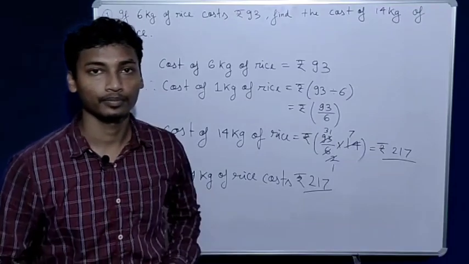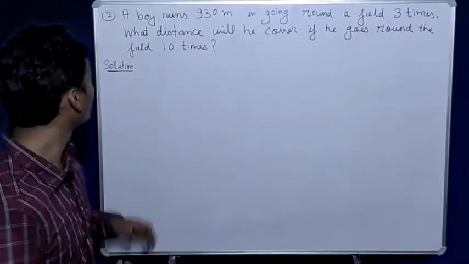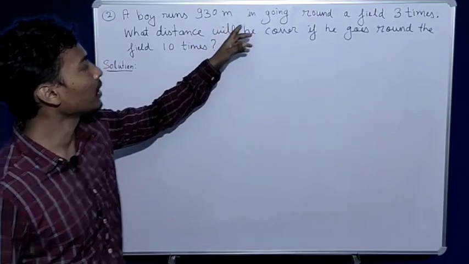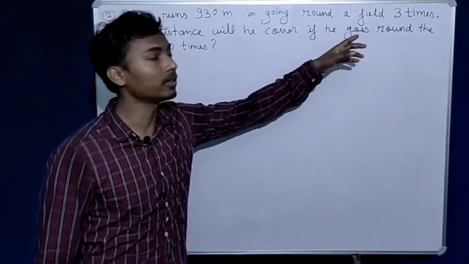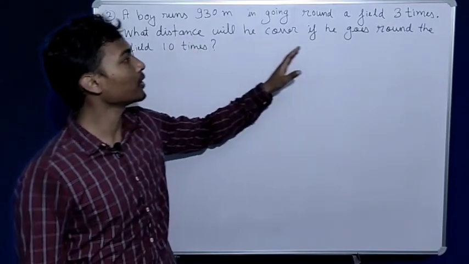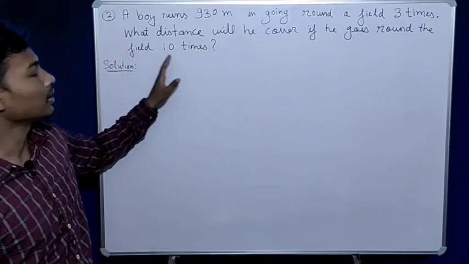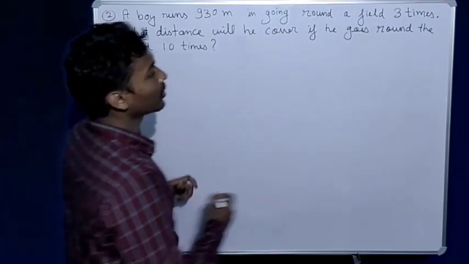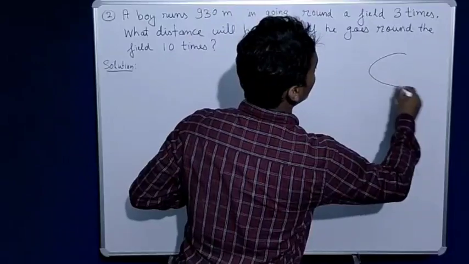Clear? Next question. A boy runs 930 meter in going round a field 3 times. What distance will he cover if he goes round the field 10 times? Now let's say there is a field.